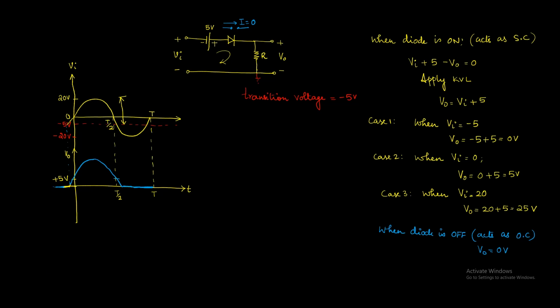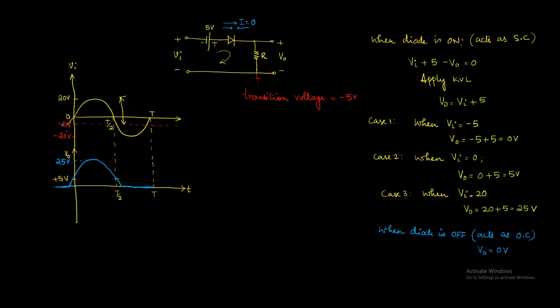So if you observe here, what we see is that our waveform actually is starting at minus 5, that is a 0 volt output. Then when input is 0, it is going to be plus 5. Then this peak value is going to be equal to 25 volts. In this case, you need to be very, very careful, especially when you draw the output waveform.